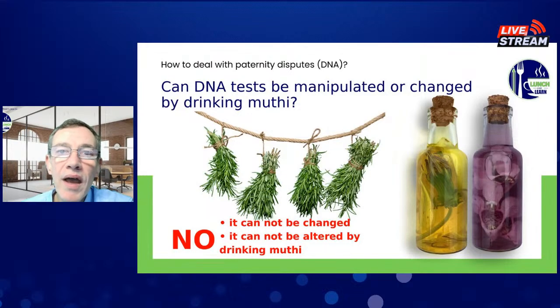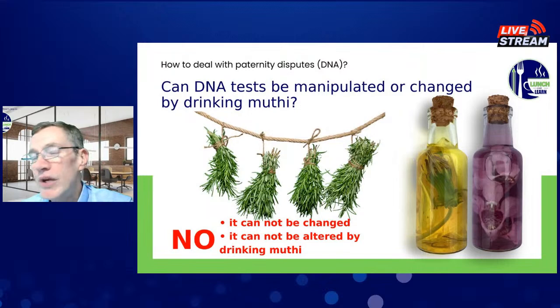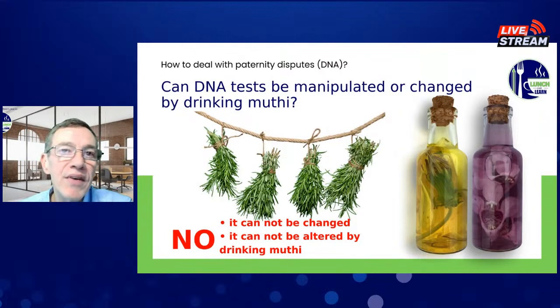So if you as the father would go and consult your traditional healer or your doctor, and they advise you to drink this pill or this muthi or whatever, so that your DNA would be changed and you would not be considered to be the father, the chances are that you are wasting your money 100%. There is no way that DNA could be changed or manipulated to give a specific exclusion of paternity.